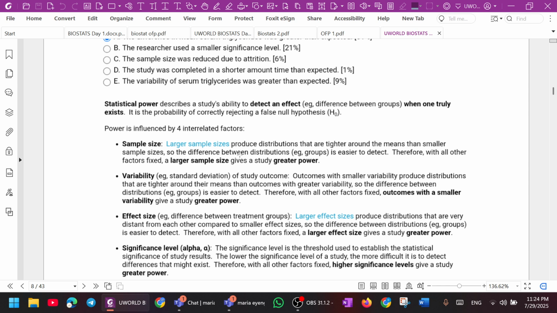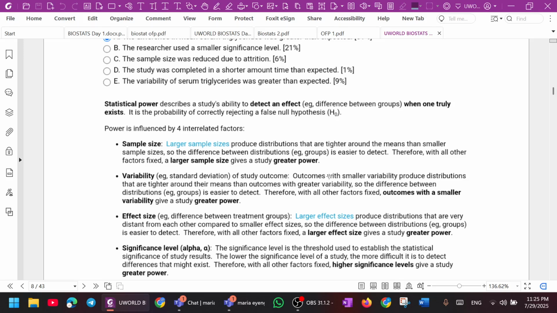The larger the sample size, the greater the power. In the case of variability, the standard deviation of the outcome with smaller variability produces distributions that are tighter around their means than outcomes with greater variability. So the difference between distribution groups is easier to detect. Therefore, with other factors fixed, outcomes with smaller variability give a study greater power.